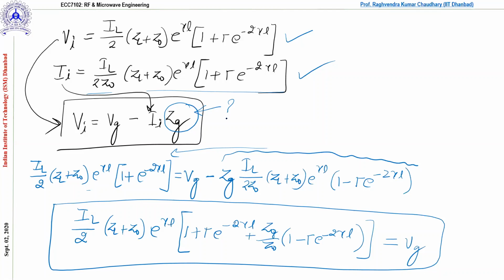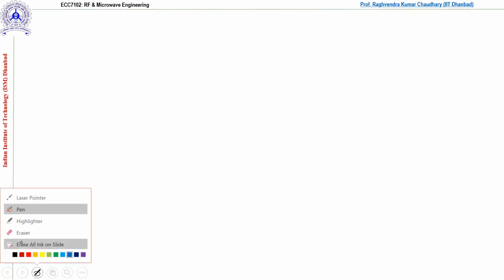If I take out Z naught outside, you can expect a form, and we can rewrite these things as, it should go on the next page, and this will be IL by 2 (ZL plus Z naught) e to the power gamma L, (Zg plus Z naught) over Z naught.